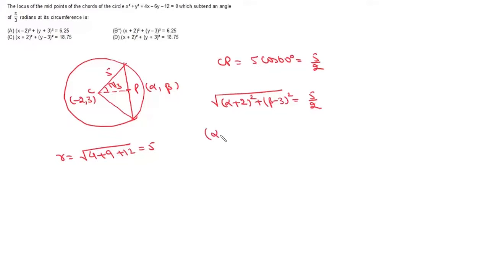So this is (alpha plus 2) square plus (beta minus 3) square, and 2.5 square is 6.25. Now we'll replace alpha with x and beta with y. So this required locus is this circle, (x plus 2) square plus (y minus 3) square equals 6.25, and that's your option B.